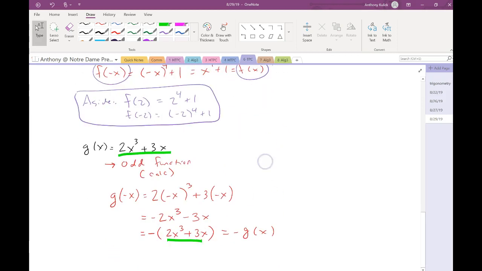So let's look at the last example we did. Let's look at the first term. What's the degree of this first term? 3. What's the degree of this second term? 1, right? Because we have an x to the first. Both 3 and 1 are odds. If all the degrees are odds, you should have an odd function.